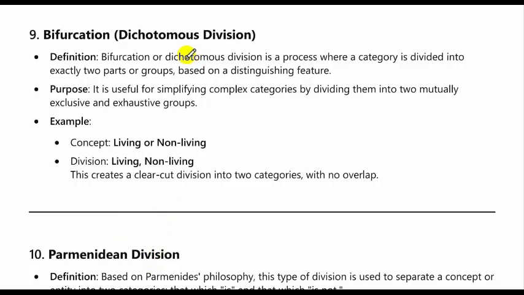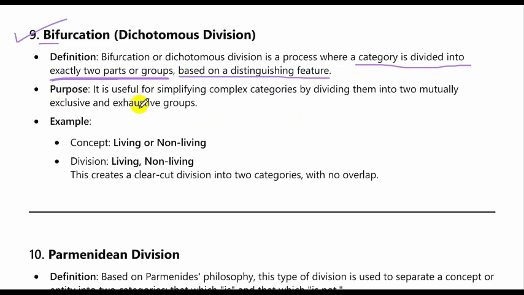Bifurcation, dichotomous division. Bifurcation or dichotomous division is a process where a category is divided into exactly two parts or groups, because it's based on distinguishing features.